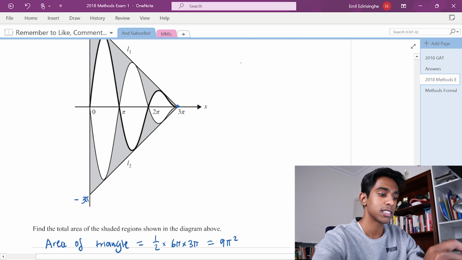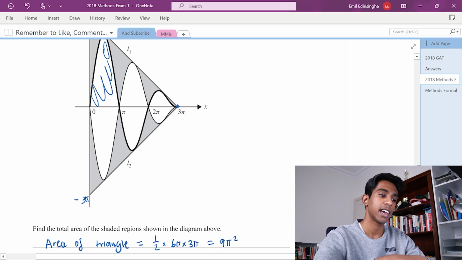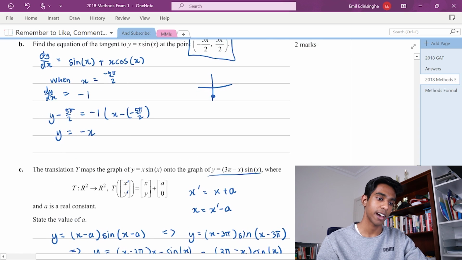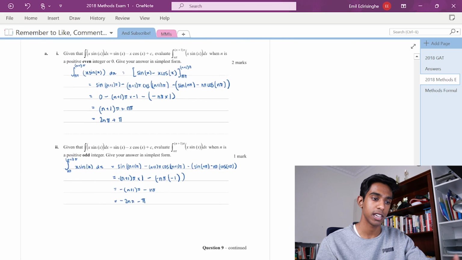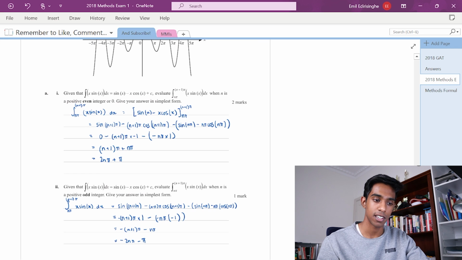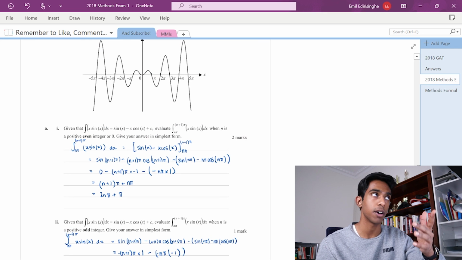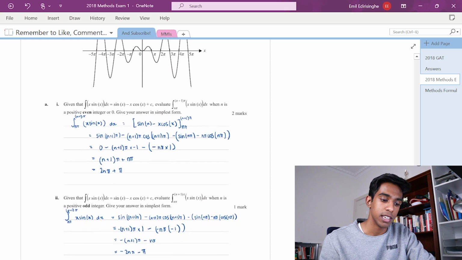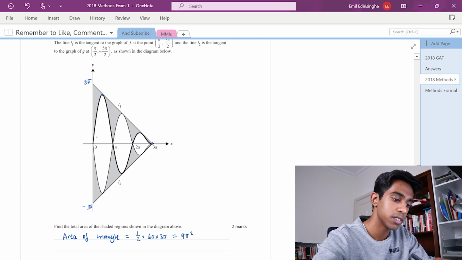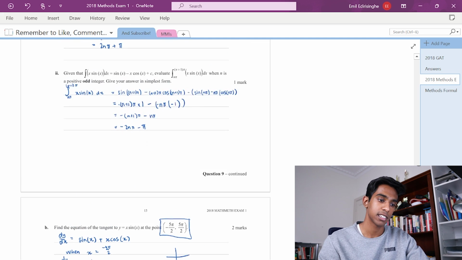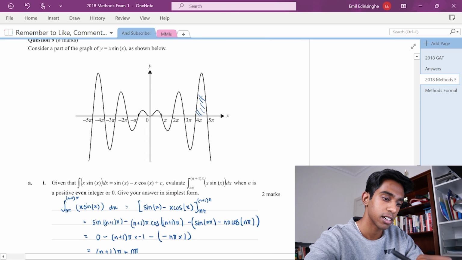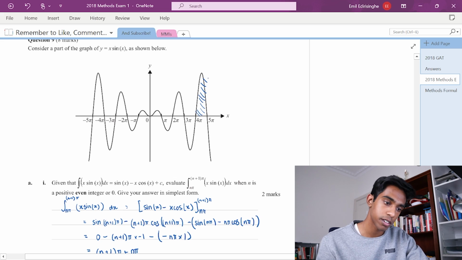And then now the last thing we need to do is find these shaded regions. And this, again, we've done earlier in the question, because we were told how to find the areas of each of these from the positive even integers to the positive odd integers, right? So let's call this area A. Area A is actually exactly the same as this area here, I believe.